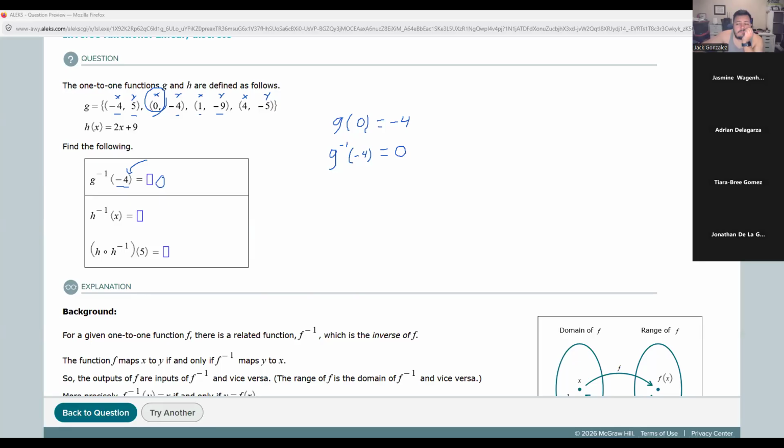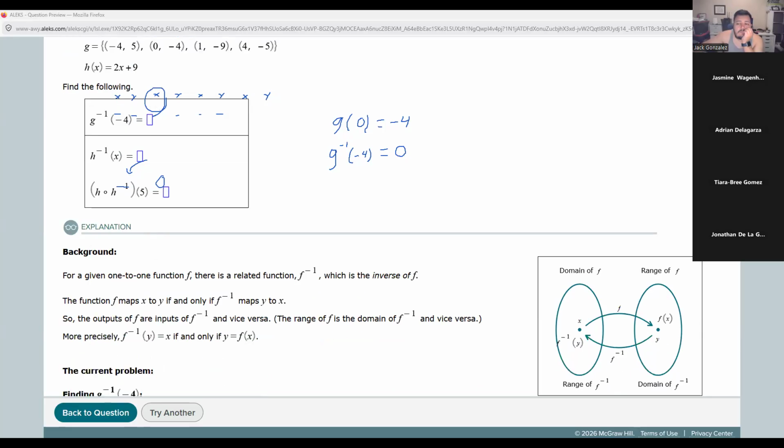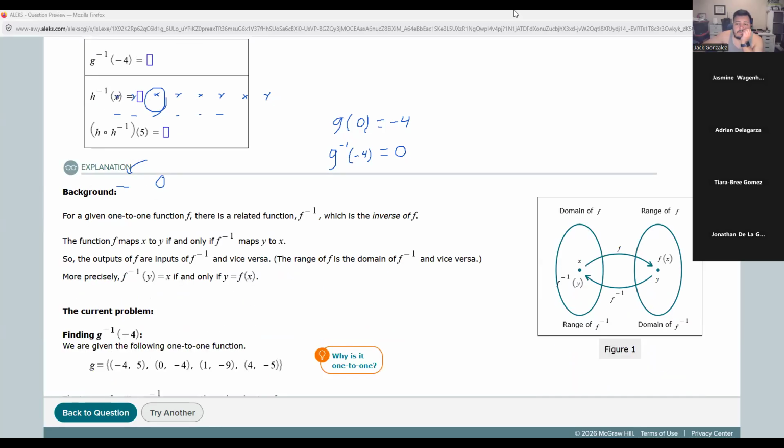So remember, the picture: F inverse sends the y value back to the x.